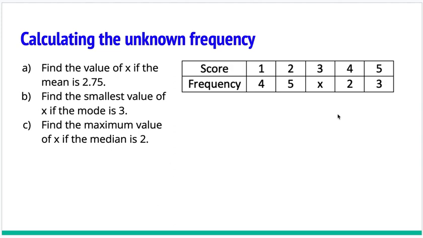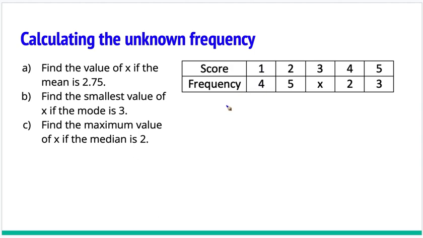In the last example, we are looking at how we determine the frequency in a frequency table given the various conditions. The first one is to find the value of x if we are given the mean. Remember that to find the mean, we need to multiply the frequency times the score for each number.